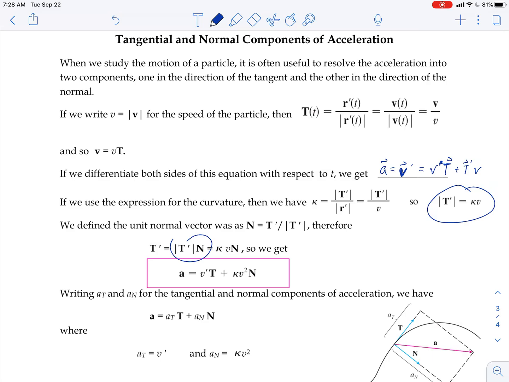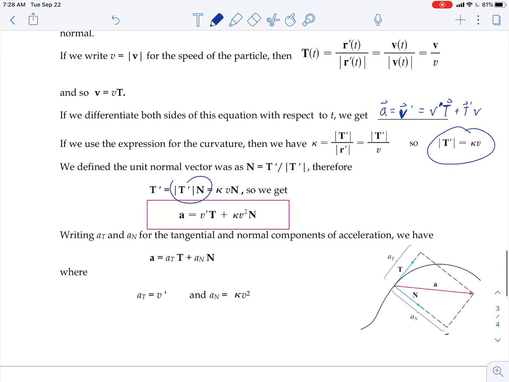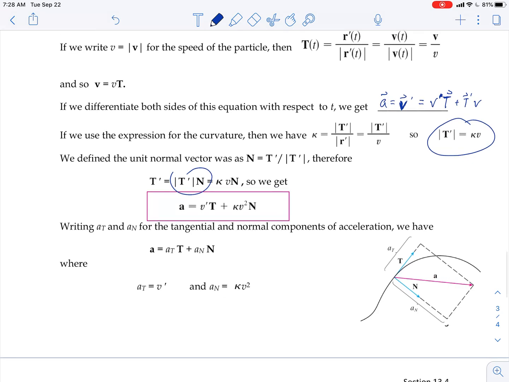And so what we get is that our acceleration is now made up of two components, in the tangent and the normal vector directions, where the tangent component is just the derivative of our speed, and the normal component is the curvature times our speed squared. So now we have two parts, A sub T and A sub N, for the tangential and normal components of acceleration.